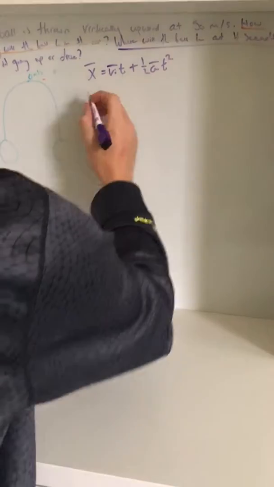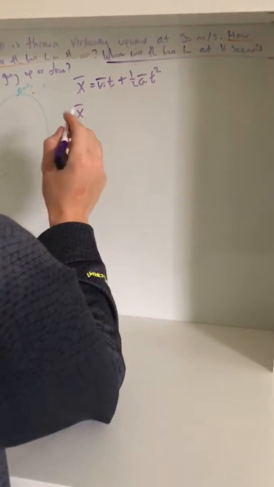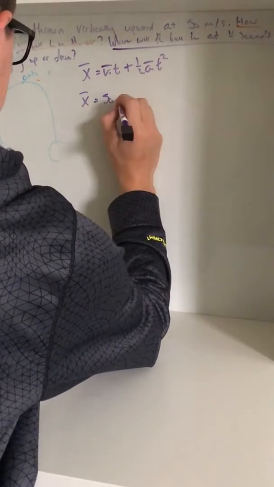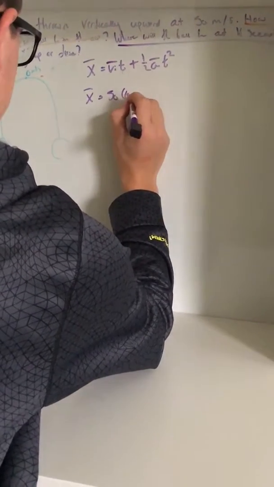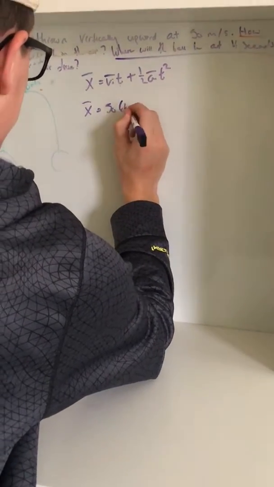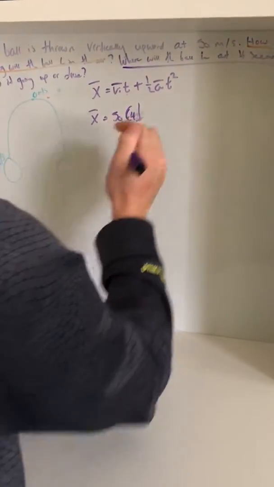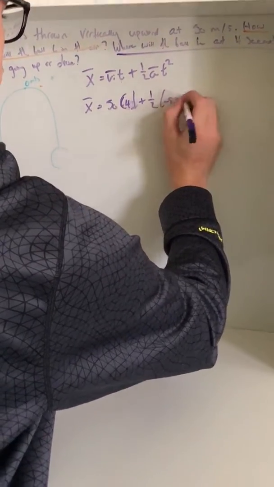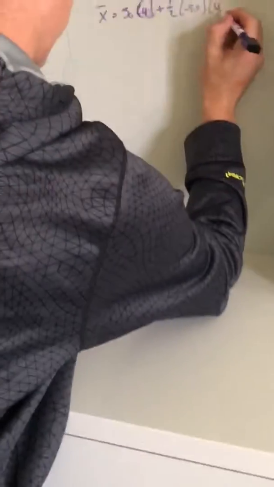Our variable is going to be displacement, because we want to know the value at 4 seconds. Our initial velocity is 50, times the time is 4 seconds, because we want to know where it is at 4 seconds, plus 1/2 times the acceleration, negative 9.8, times the time of 4 seconds squared.